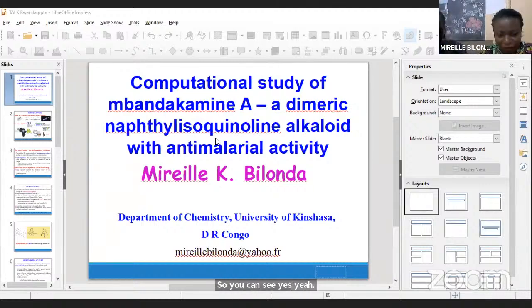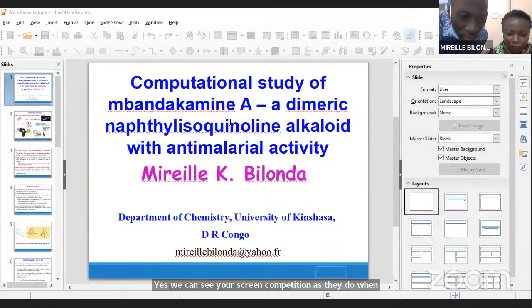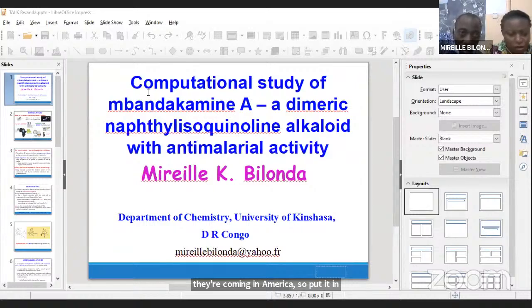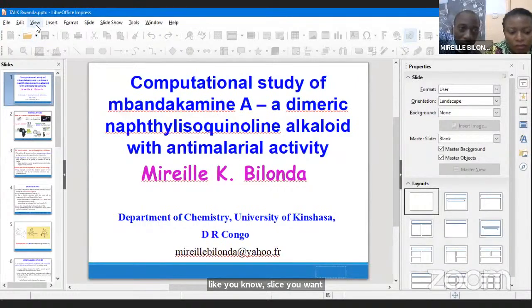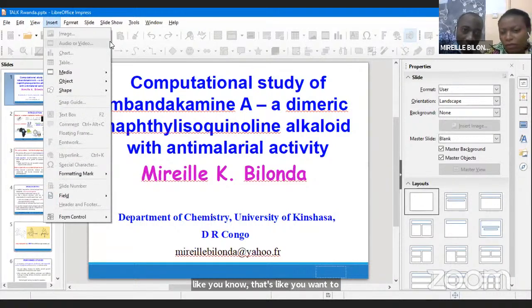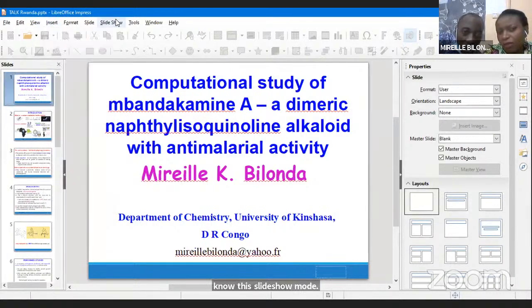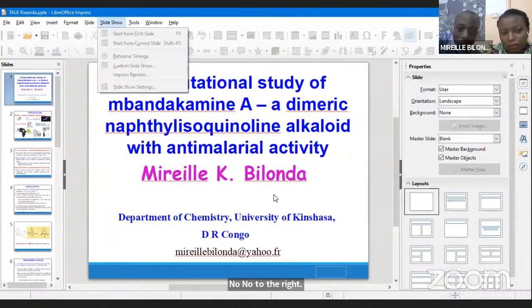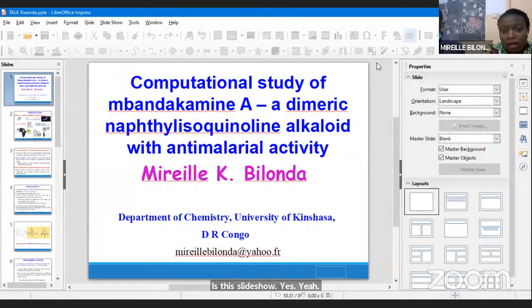Computational study of mbandakamine A, dimeric, yeah. So put it in slideshow mode. Yes. I don't know, it doesn't work.